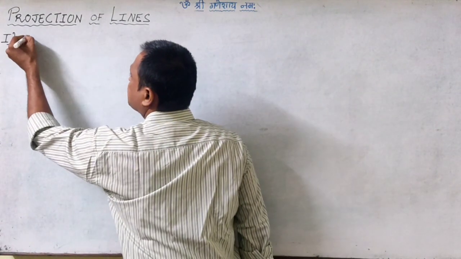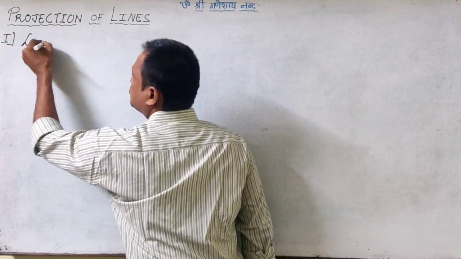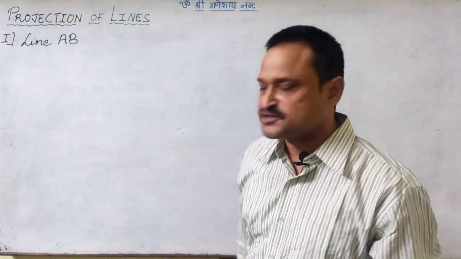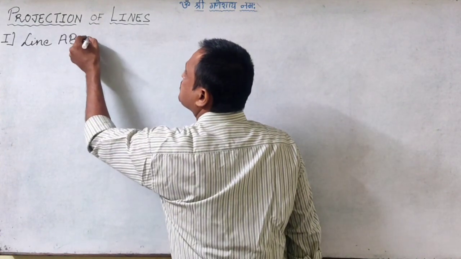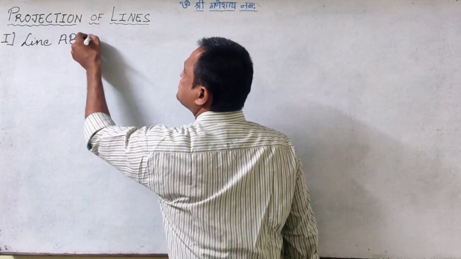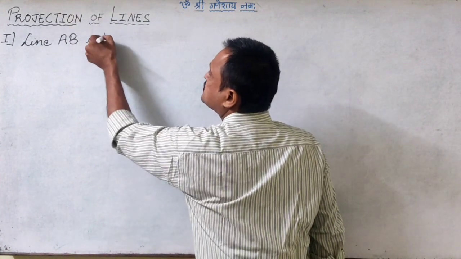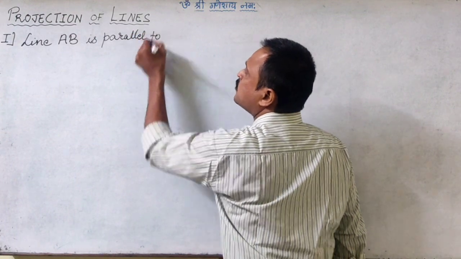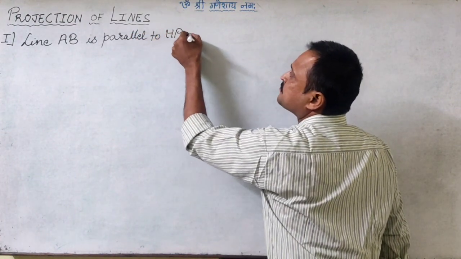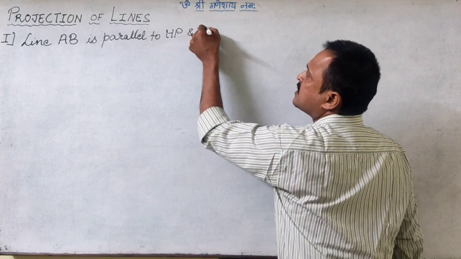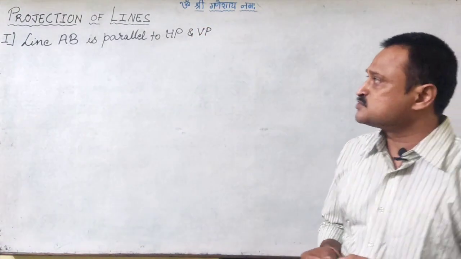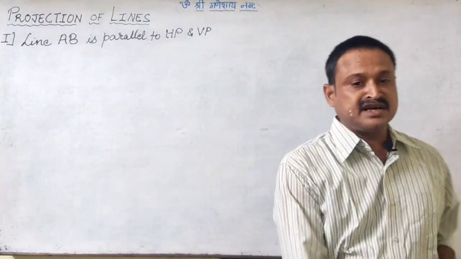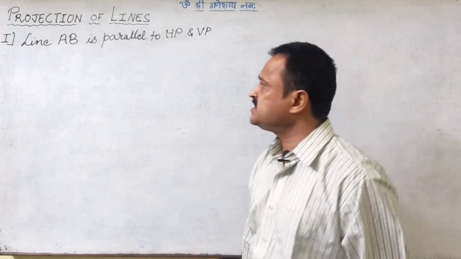Let us say there is a line AB, of course in the first quadrant, and the condition is stated as line AB is parallel to both HP, that is horizontal plane, and the vertical plane. So this is the first case. We will try to understand how the orientation of the images will be in this case.